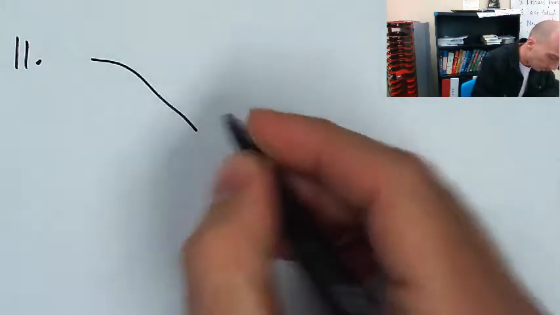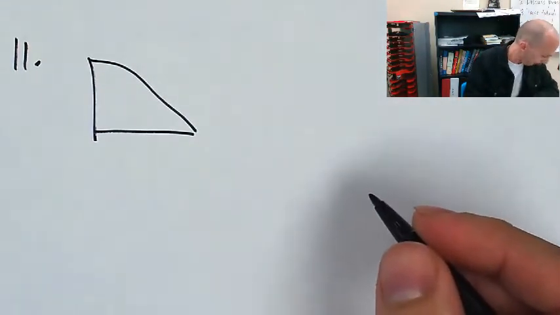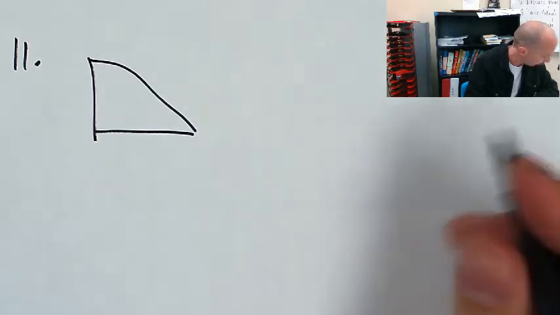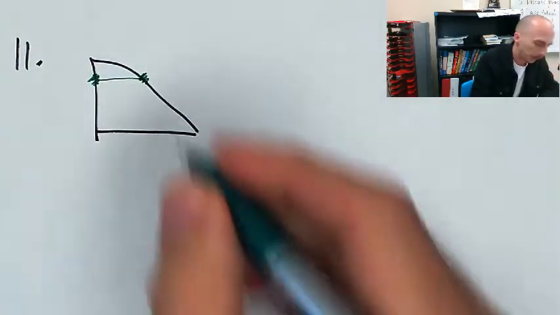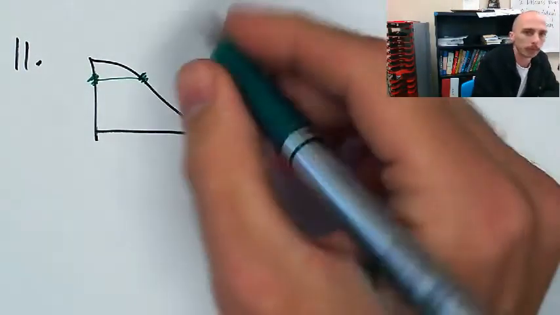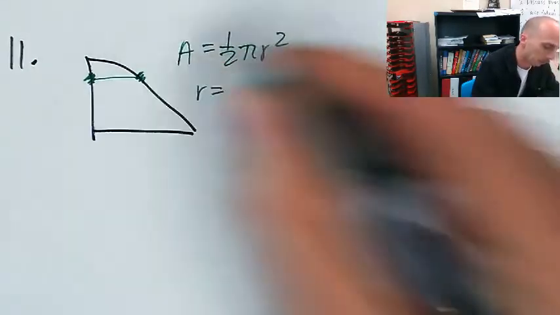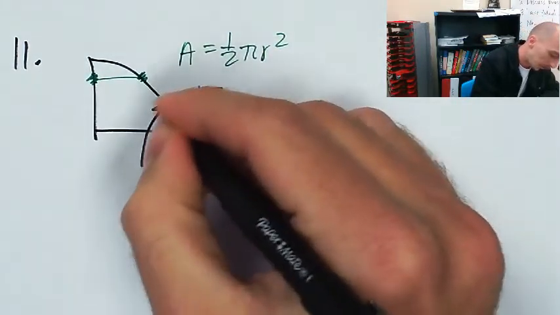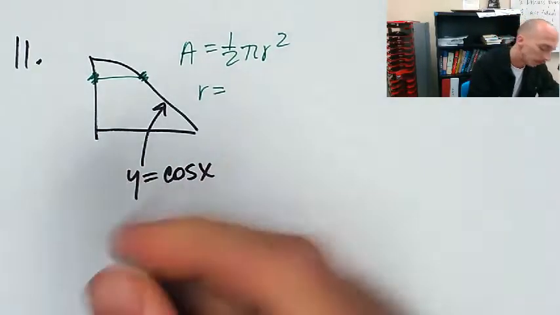Okay, F is the base, and cross sections perpendicular to the y. Okay, this should be interesting. Not a good sketch of F, but it's all right. Cross sections are perpendicular to the y-axis. They are semicircles, so again, area is 1/2 pi r squared. Radius is going to be half of right minus left. Well, if this is y equals cosine x, and I need to solve for x, all I can do is take inverse cosine.